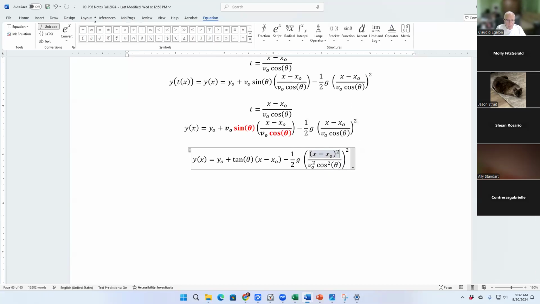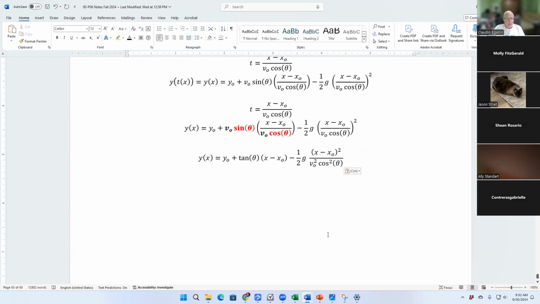And raise to the square. Now I don't need any of that anymore. That's the variation of y with x.